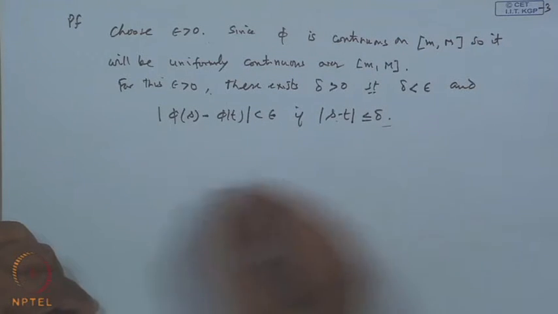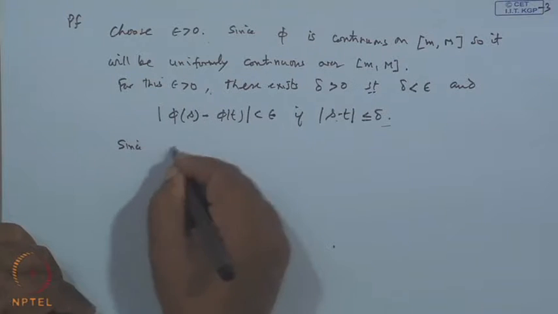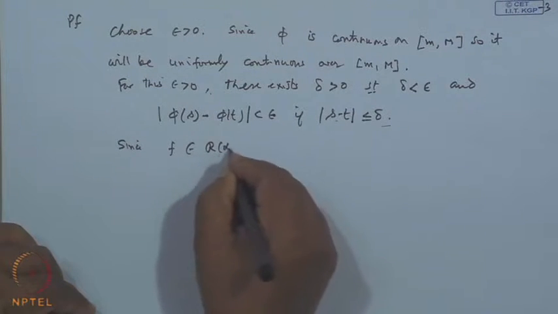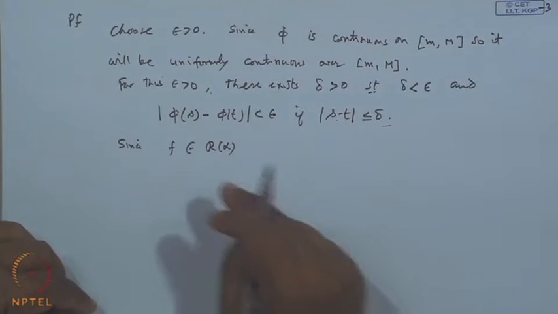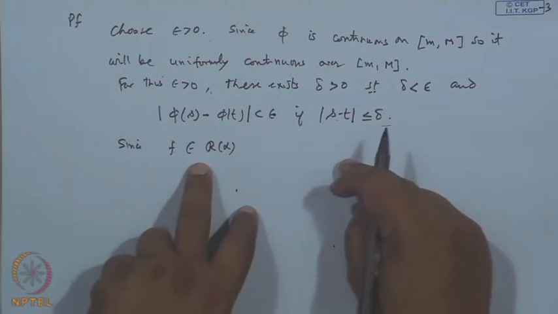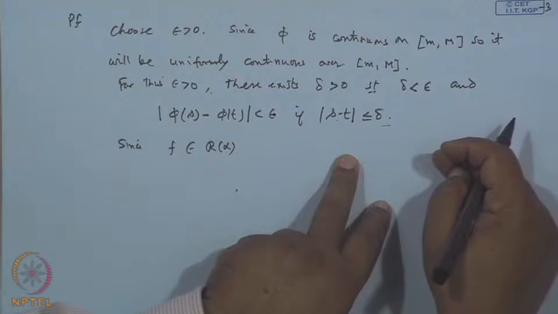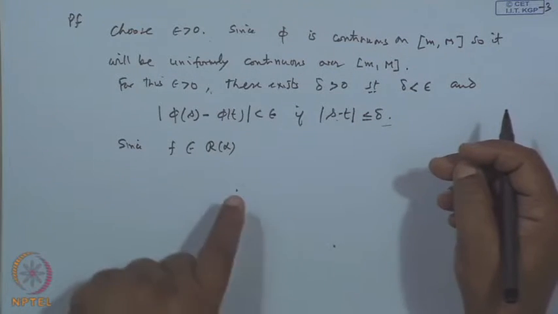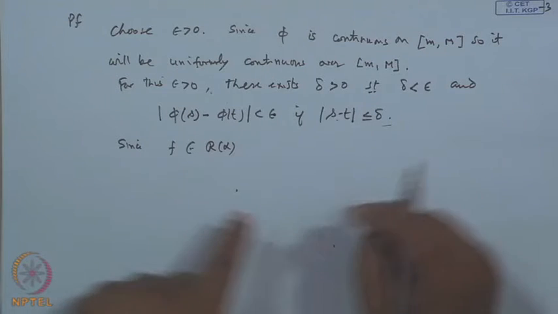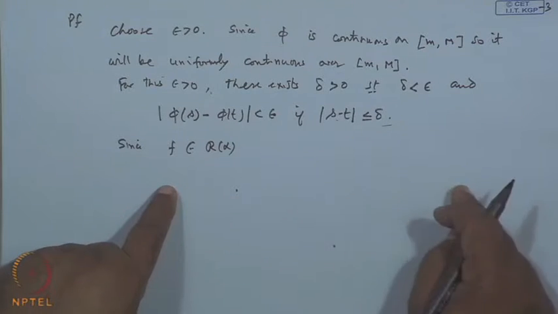Okay. Now, further, since f is given to be an element in R(alpha), by definition, a necessary and sufficient condition for a function to be Riemann-Stieltjes integrable is that for a given epsilon, there exists some partition such that upper sum minus lower sum is less than epsilon.